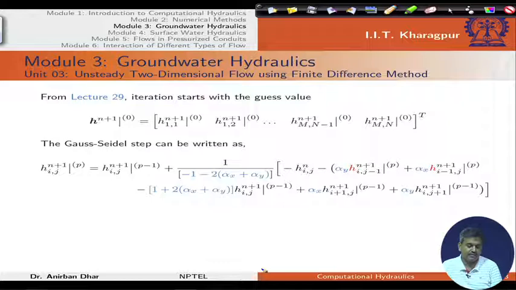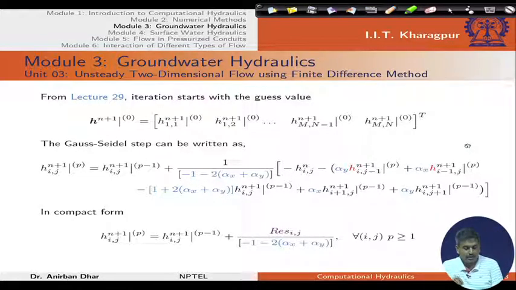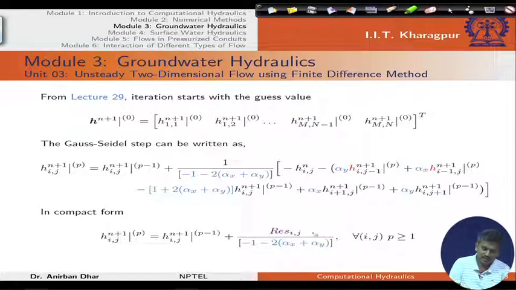In this case the coefficient matrix is a constant matrix, so that is why we do not need to store that matrix. We can avoid that by utilizing our Gauss-Seidel approach. In compact form this is residual Ij, obviously we are utilizing information from p and p minus 1 level.